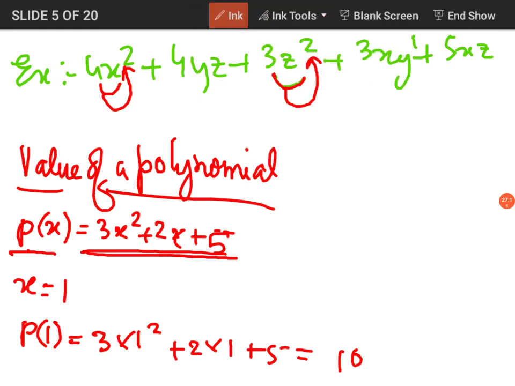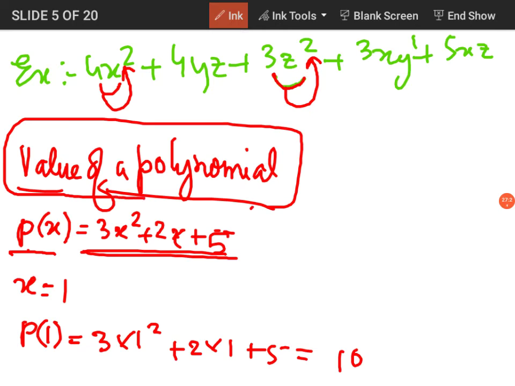And in general, if you want to define, you can find the value of this polynomial, or any, since we are talking about general, so let's take the general form, that is a_n x^n plus ... plus a naught.